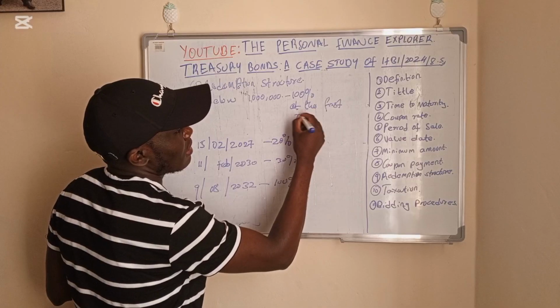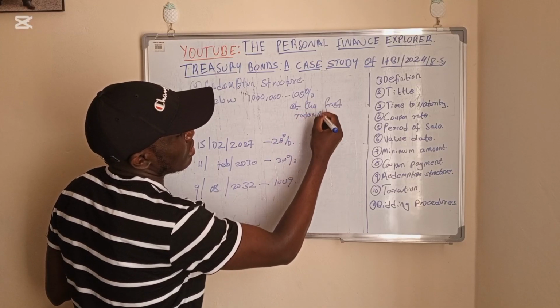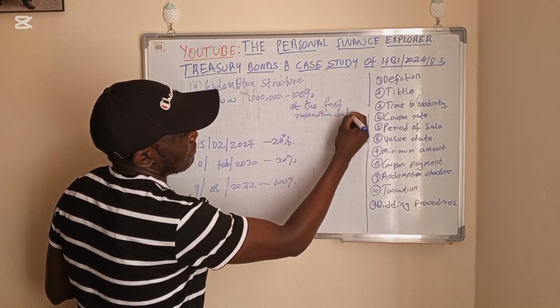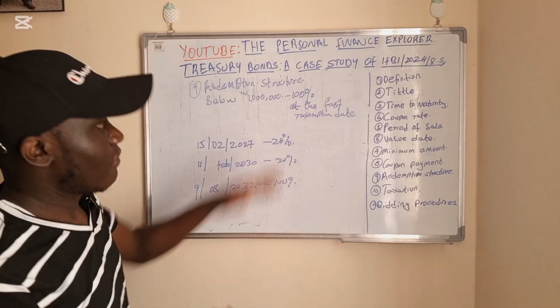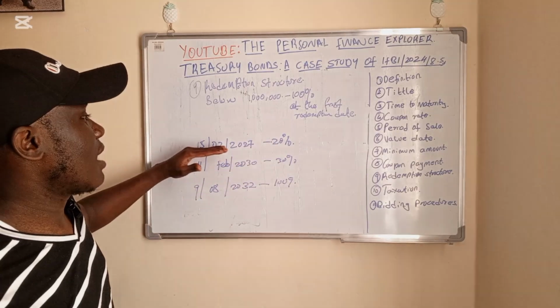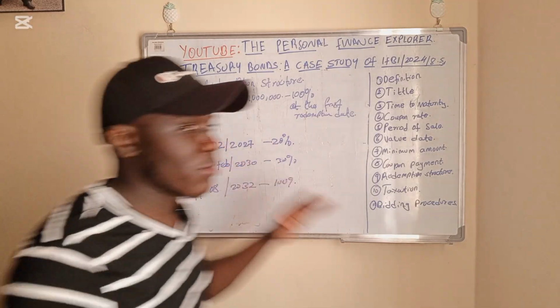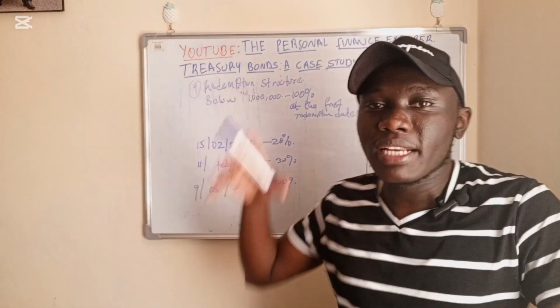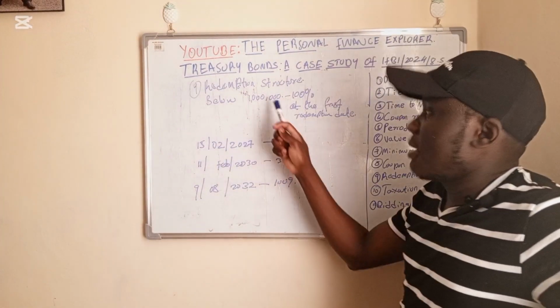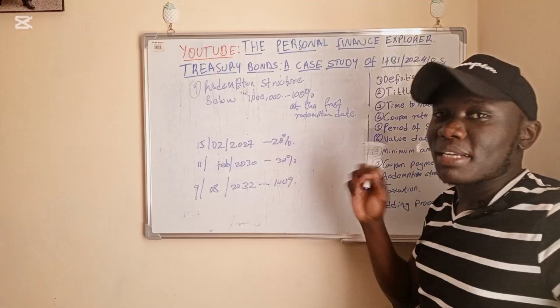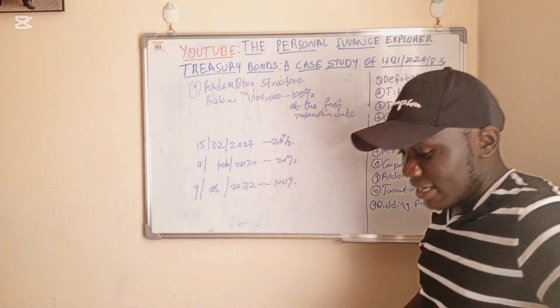First redemption date. So for this one, it is on the 15th of February 2027. So investors who had invested an amount below 1 million will get 100% of their money back.